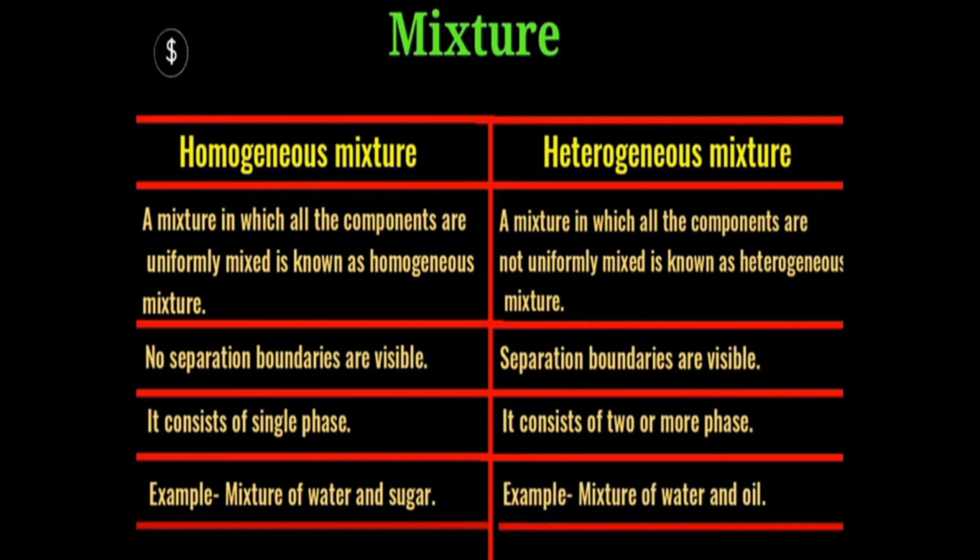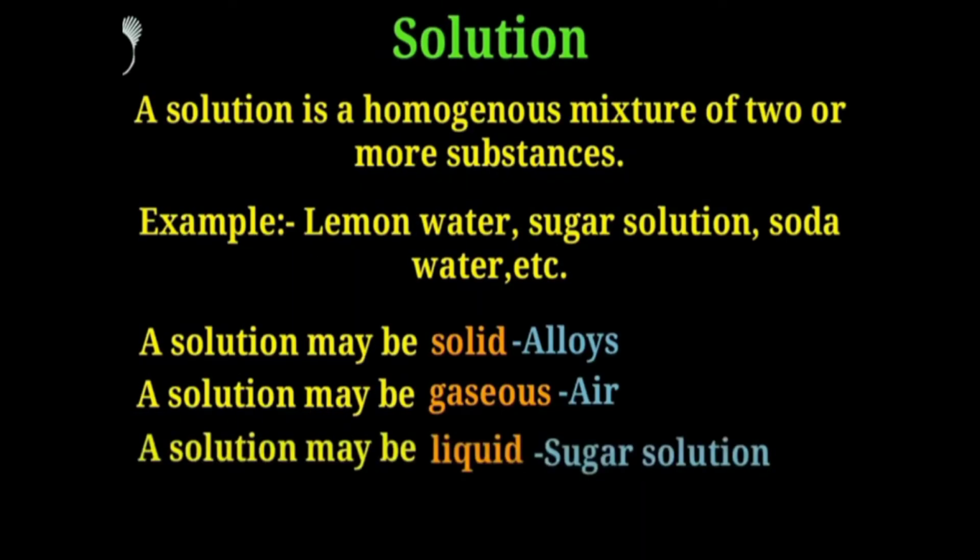But in a heterogeneous mixture, we can recognize what is put inside it, because it forms different phases. An example of a homogeneous mixture is a mixture of water and sugar, which we saw in the previous slide, and an example of a heterogeneous mixture is a mixture of water and oil.